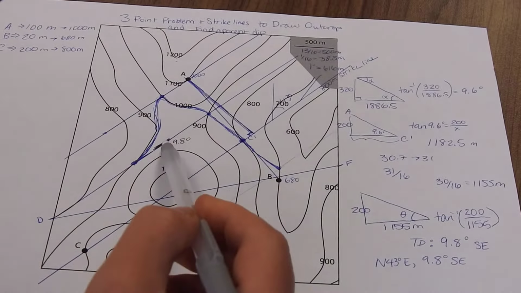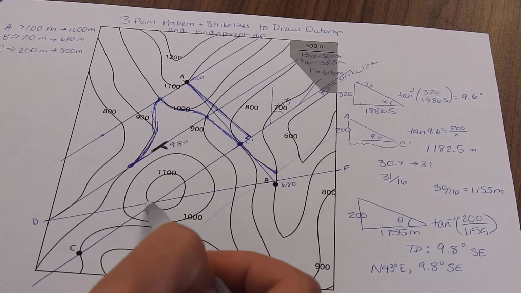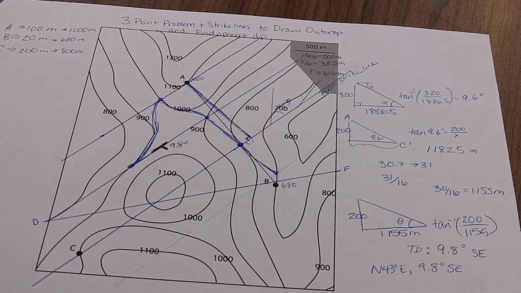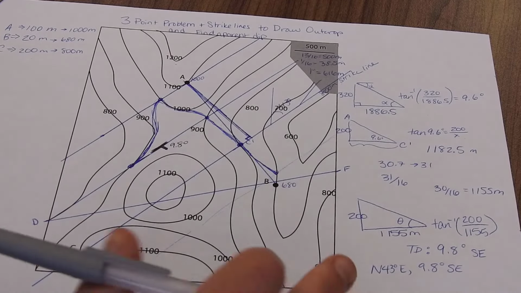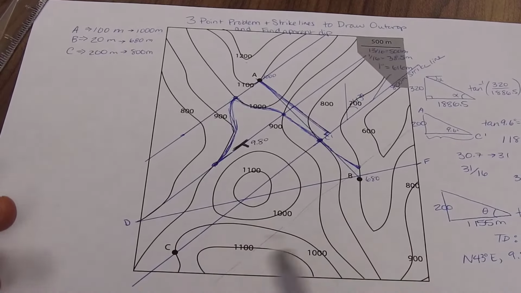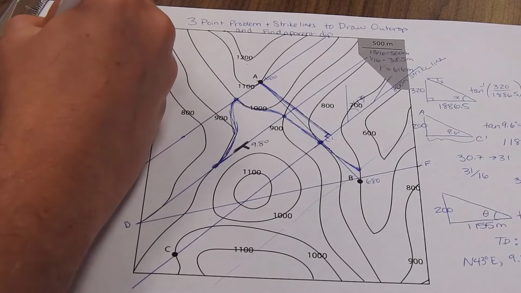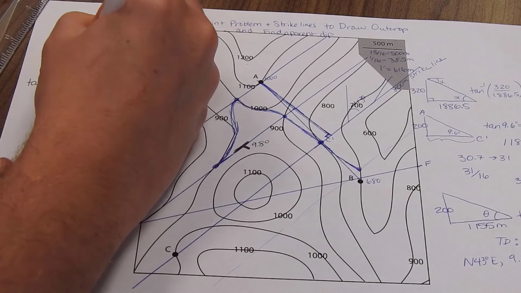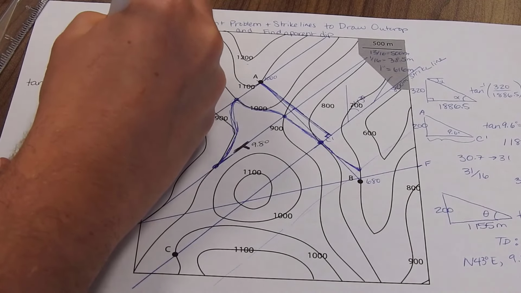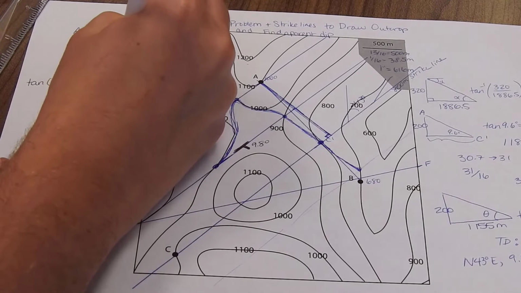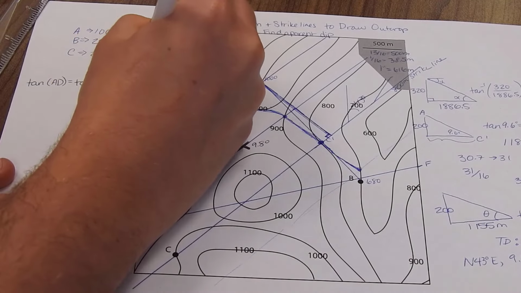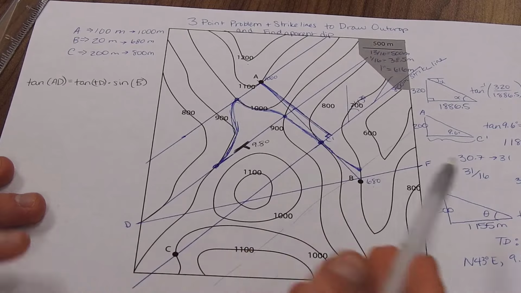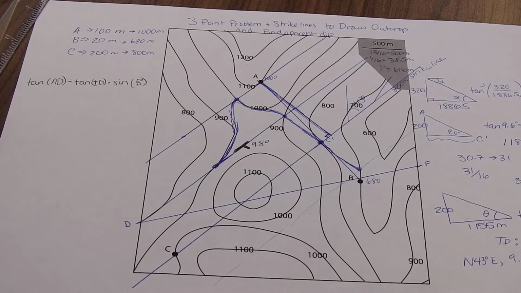And we know that that dip was 9.8 degrees. So if we want to know how that would look along this D to F line, what would the apparent dip be? We can use our apparent dip formula. The apparent dip formula is to take the tangent of the apparent dip, and that's going to equal the tangent of the true dip times sine of beta, where beta is the angle between strike and the line you're making your cross section on.